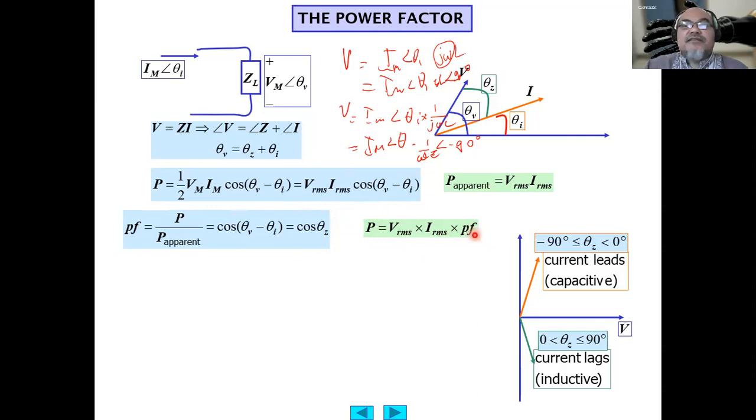If the power factor is 1, in which case the load is completely resistive, then the power is equal to the apparent power.